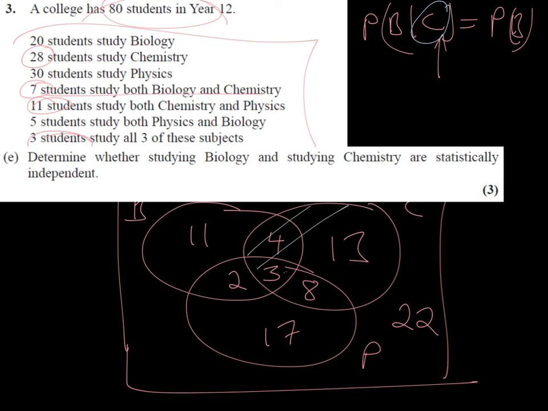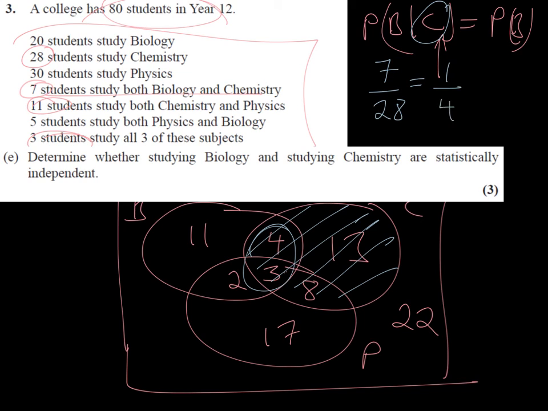So we're only looking at these students here. So if we're only looking at those students here, what's the probability they study biology? Well, it's going to be these 7 students here. So the probability that a student studies biology given that they study chemistry is going to be 7 over 28, which is therefore equal to a quarter.